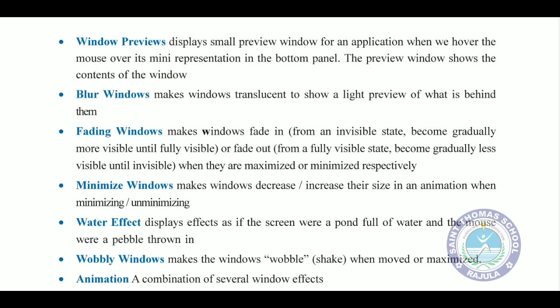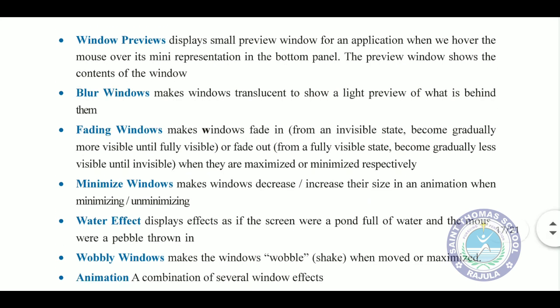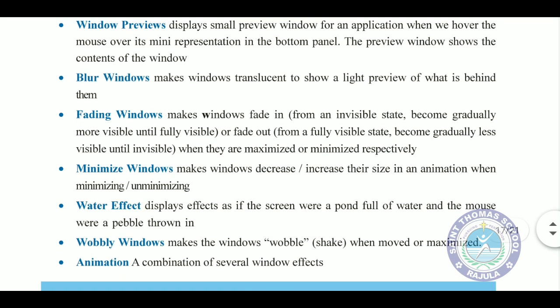Then next is the fading windows. We have already tried some of the effects in our PowerPoint, known as animation and transition effects. This is just like a transition effect, when we move from one slide to the next slide. In fading in, first it was in an invisible state, then gradually it becomes more visible until it finally becomes fully visible.